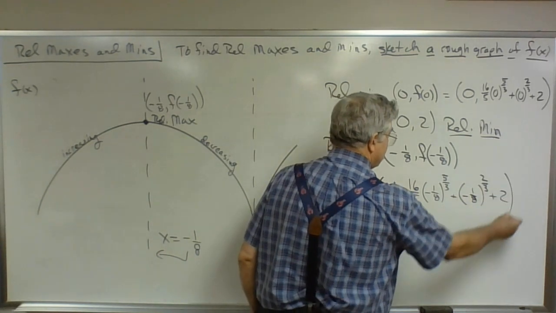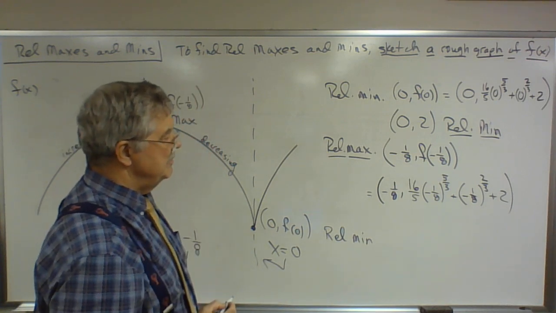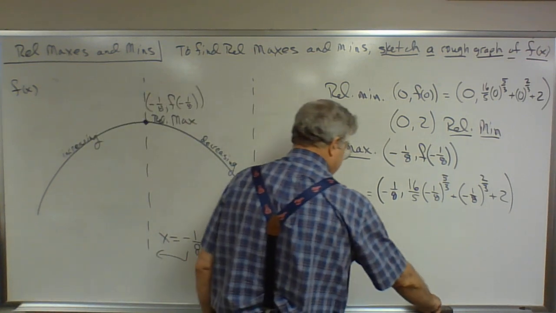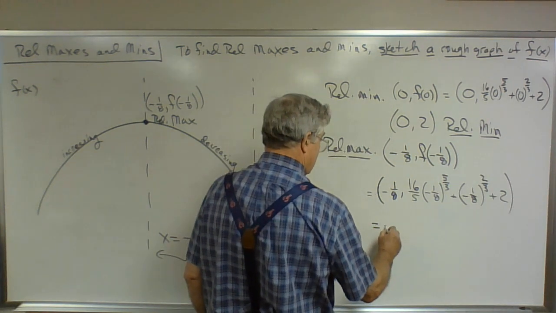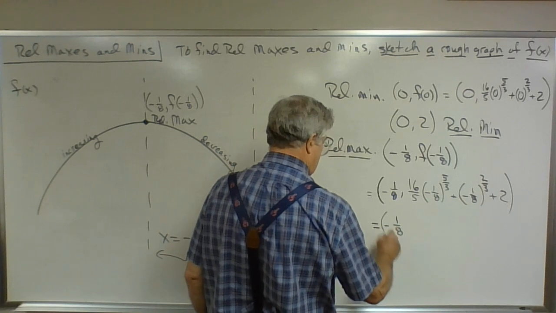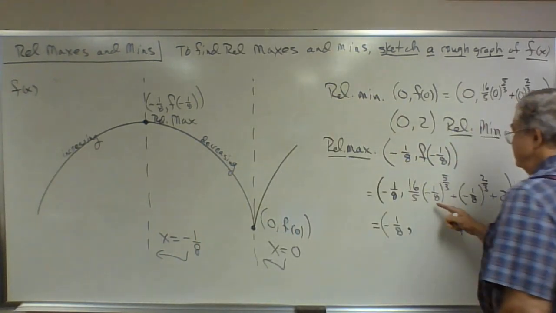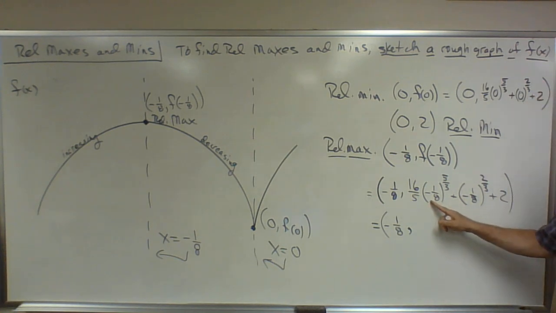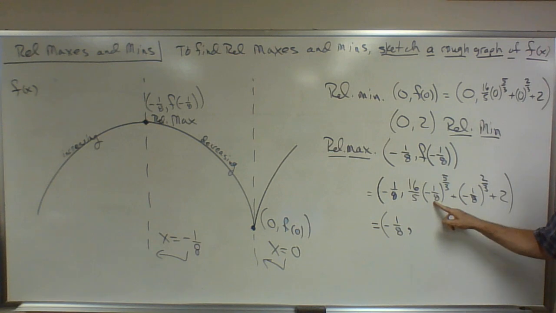You know what? Because negative 1/8 is a perfect cube, we can do this. To compute negative 1/8 to the 5/3, we take the cube root and then raise it to the 5th power. The cube root of negative 1/8 is negative 1/2.